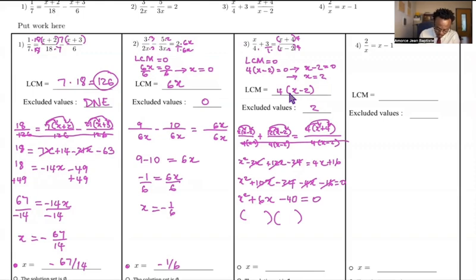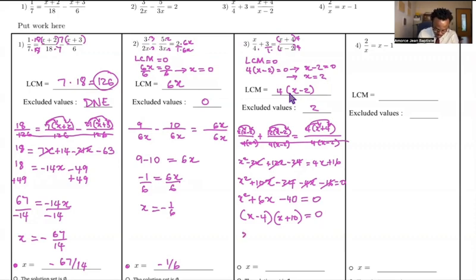So two factors of negative 40 that the sum is positive 6. That's negative 4 and positive 10. Right? So that's x minus 4, x plus 10 equals 0.